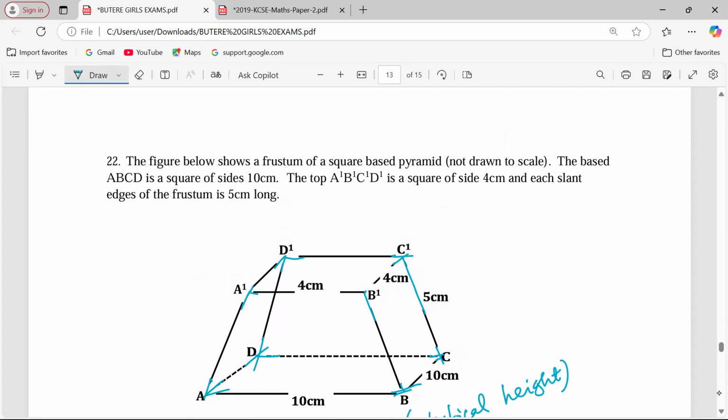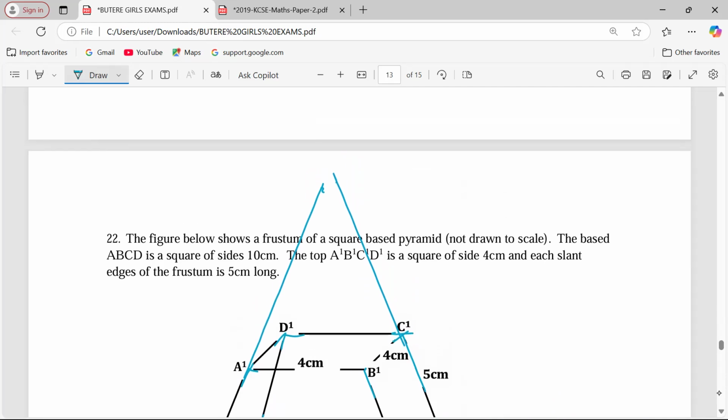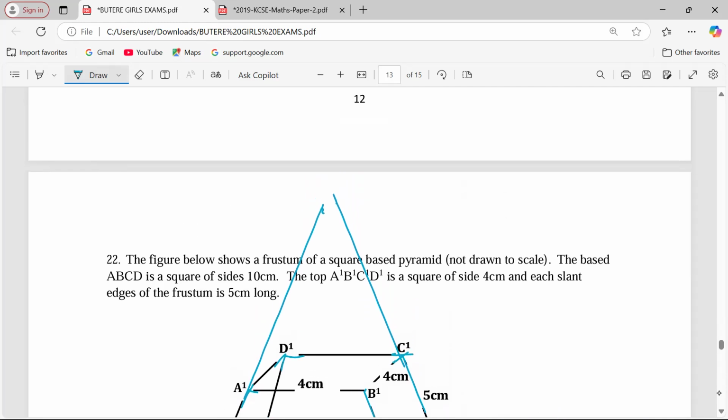So let's see, trying to sketch the original pyramid. Trying to sketch the original pyramid. Yeah, original pyramid.